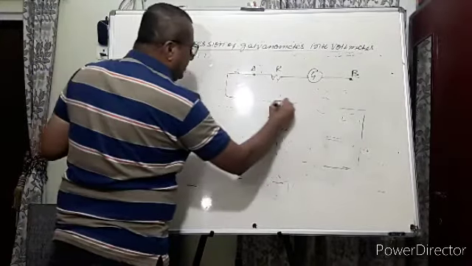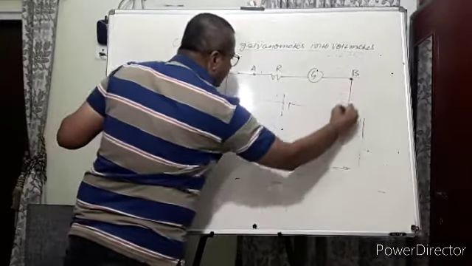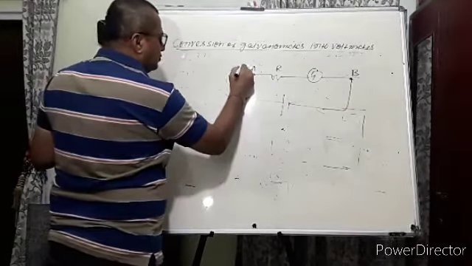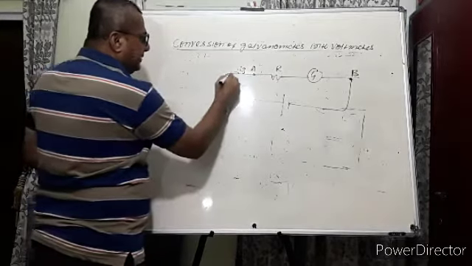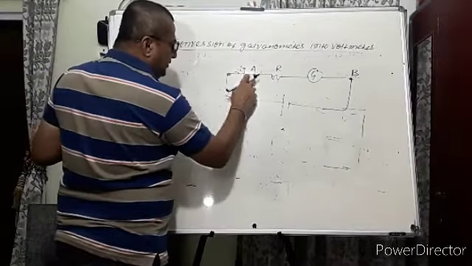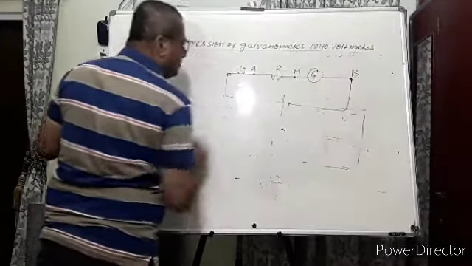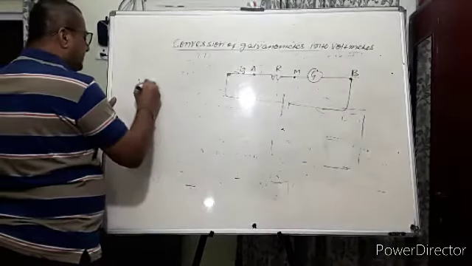Suppose it is connected with a battery, then current will flow. This is the current through the galvanometer. We can take the potential difference between A and B, VA minus VB.